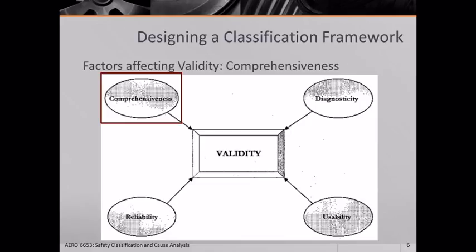However, with depth and breadth together, we risk an overly cumbersome classification system. If it's too complex, it will not be used, and certainly will not be used properly. And comprehensiveness does not mean that the system has to be large. The system must be comprehensive enough to capture all the requirements, yet simple enough to be useful for meaningful analysis.